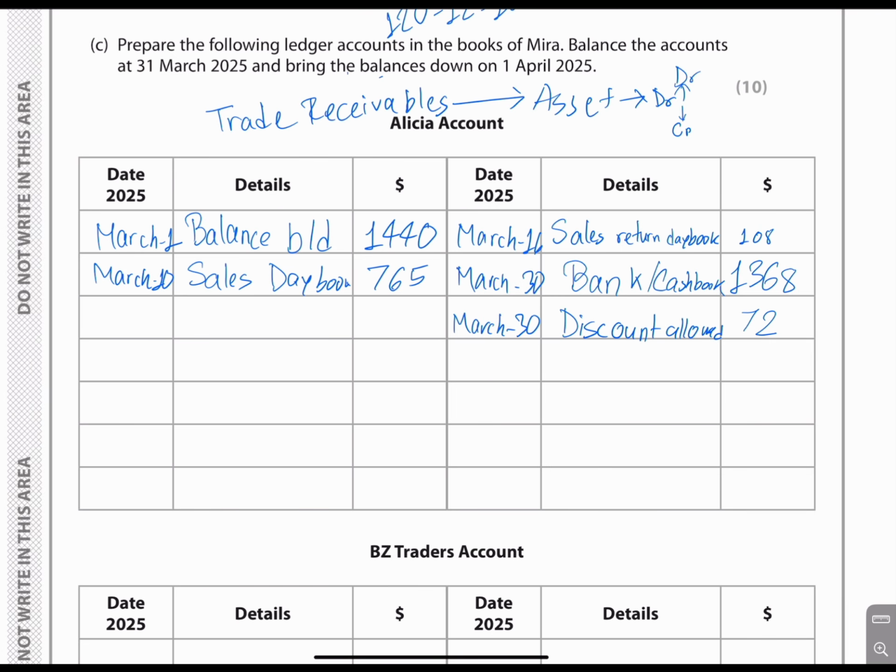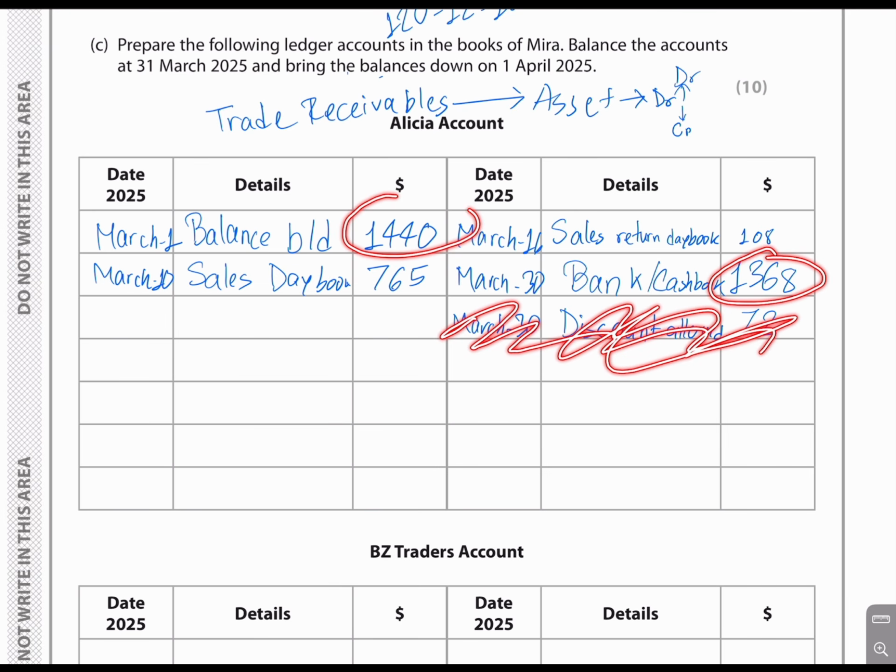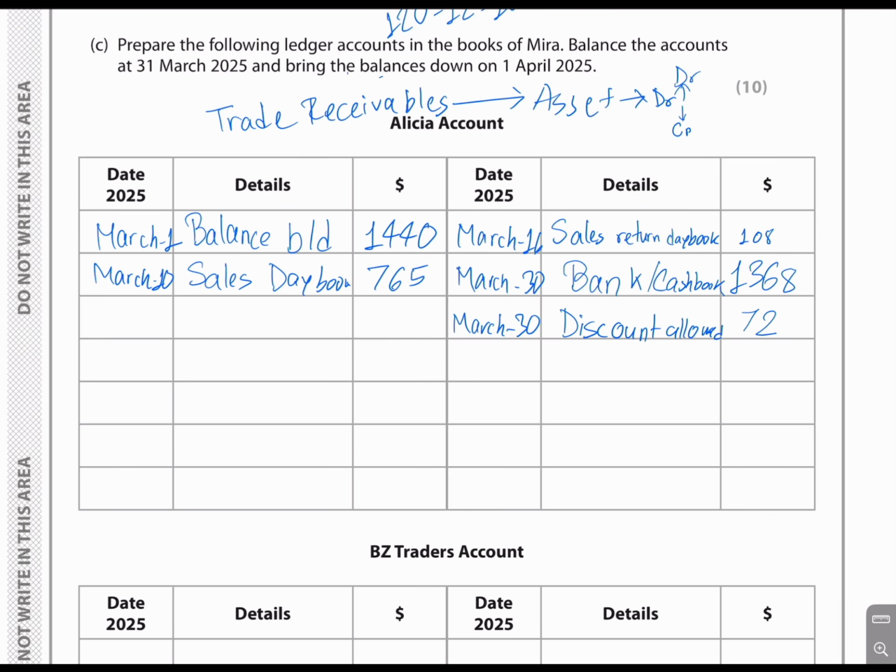Always remember that we have to show cash discount separately, otherwise it will not balance out. If I write only 1368, here we have 1440, how do I balance it out? So we make a separate transaction, and we can write 1440 here because we are not receiving 1440 in our bank account. So we write the amount that we are receiving, and we write the cash discounted amount on a separate row.